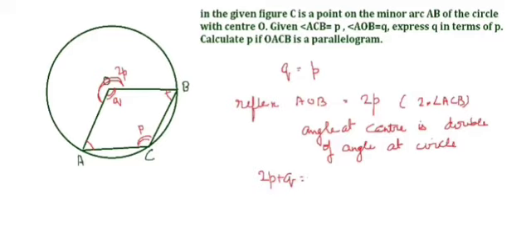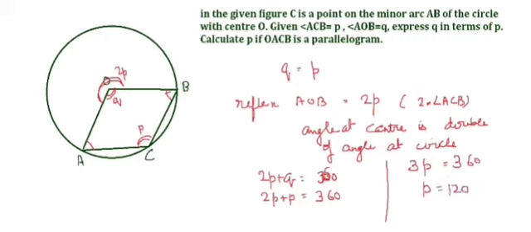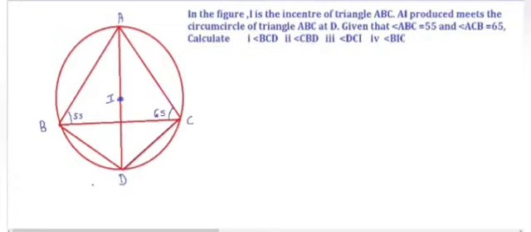Now we can write 2P plus Q will be equal to 360, and we have solved that P equals Q. So 2P plus P will be 360, because at a point it makes 360. So 3P equals 360, or P will be equal to 120. So P and Q, they both are 120.